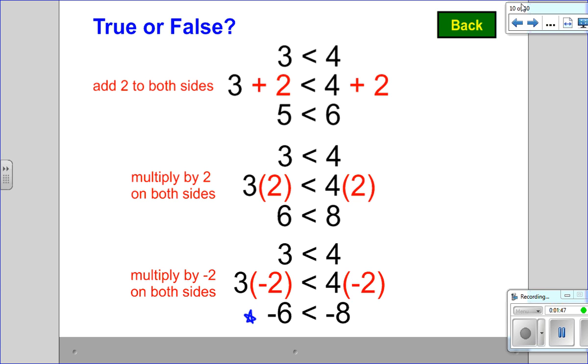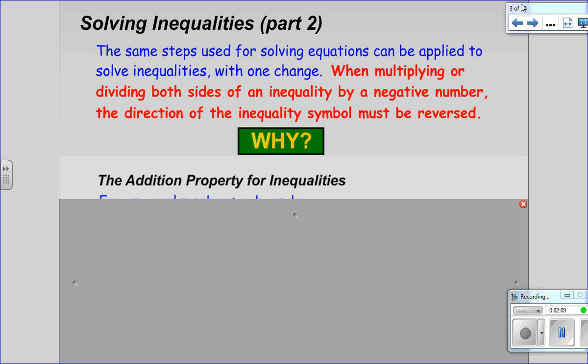We know that that is actually false. Negative 6 is greater than negative 8. And it is for that reason that when we multiply both sides by a negative number, our sign must flip.